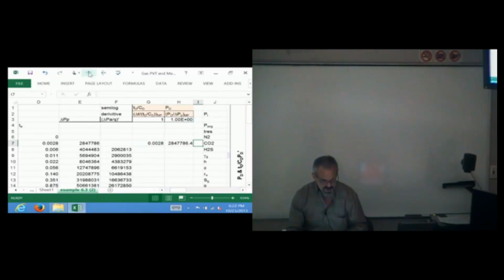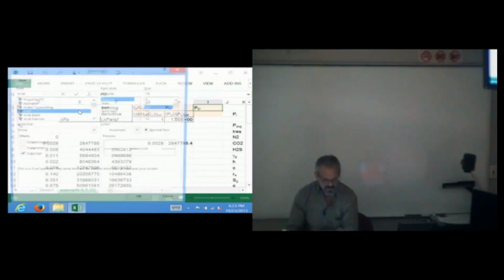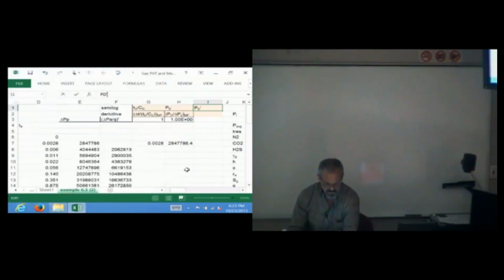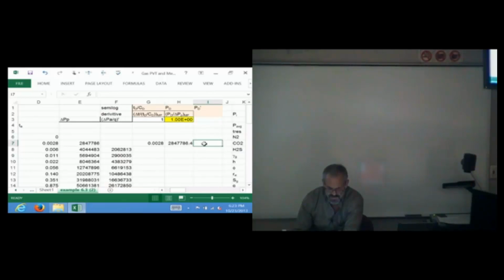We also want a pseudo pressure prime term, which we call the semi-log derivative, and it uses the same multiplier. That's very important. There's not a new multiplier. It's the same multiplier, except we're dividing.